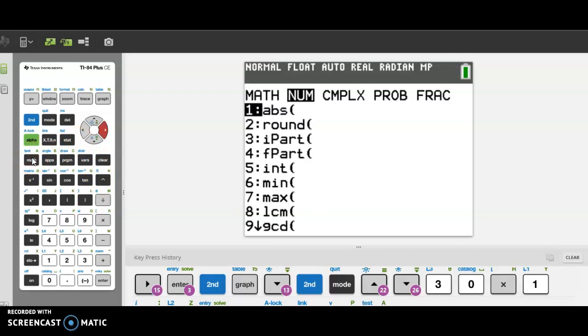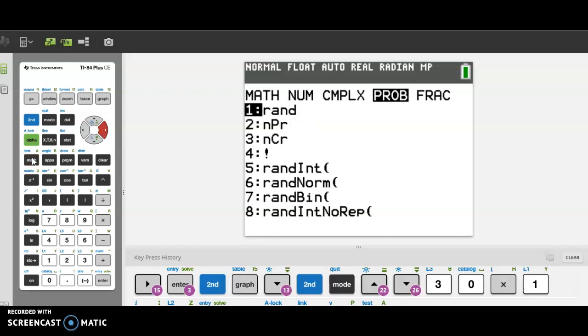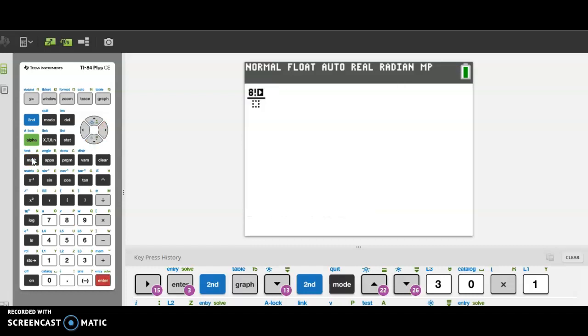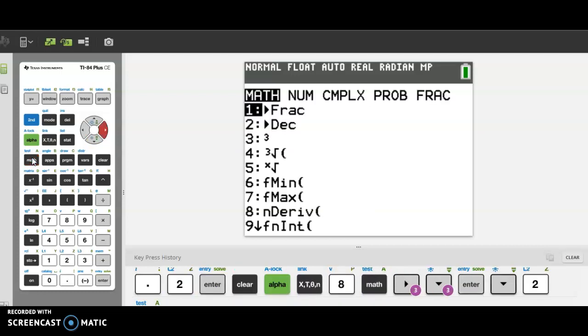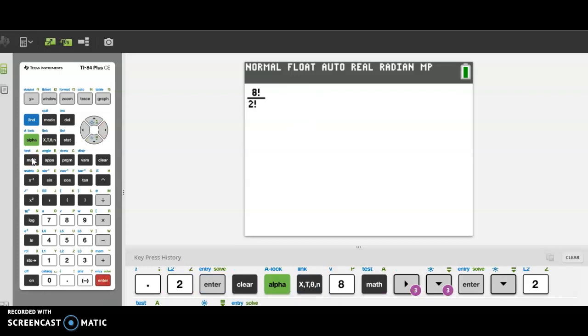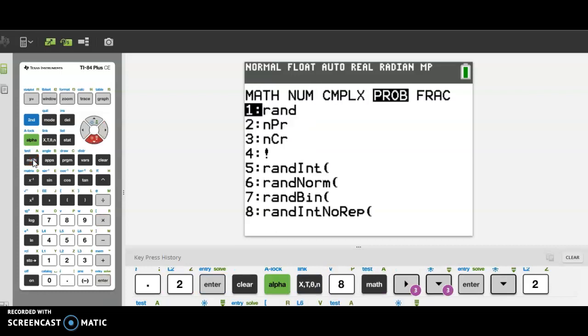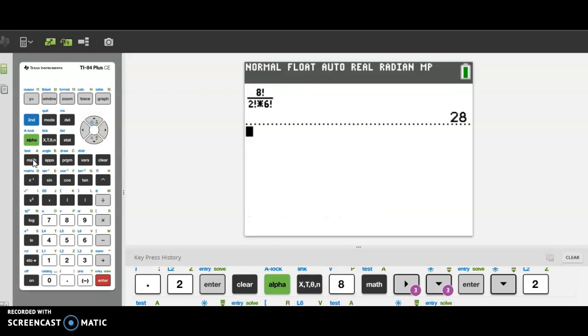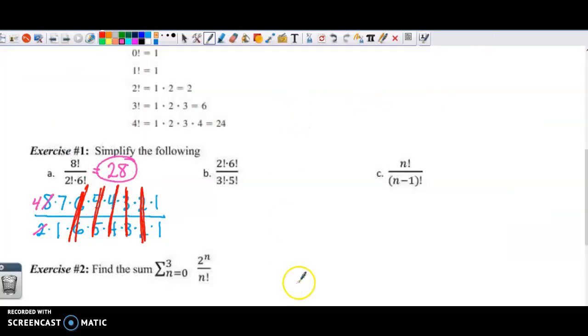If you go over to probability, yes, you have an exclamation point to do these problems. There might be a faster way to find factorial, by the way, because I don't typically use this tool to come up with the answer. But it does give you the correct answer of 28.